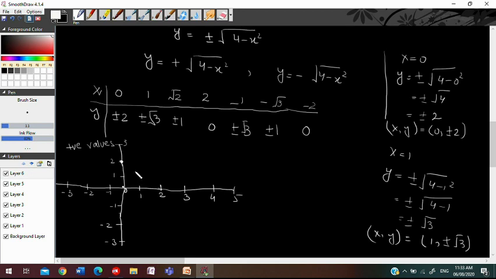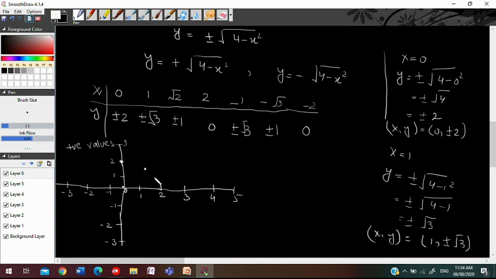Then when x is 1, we have under root 3. Here we are taking just the positive value, so that is the second value. Now for the third value, when we have under root 2, the value of y is 1.